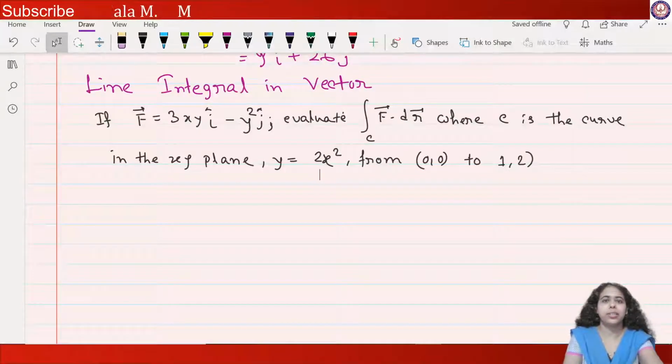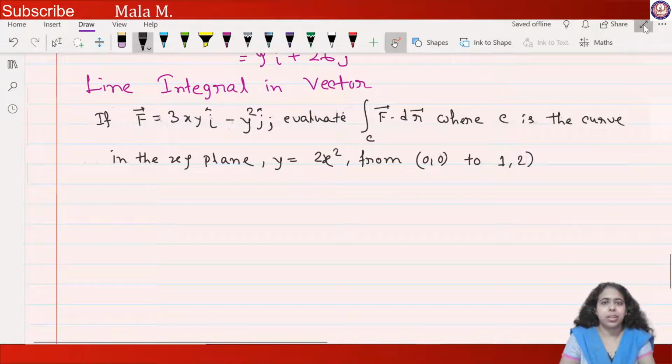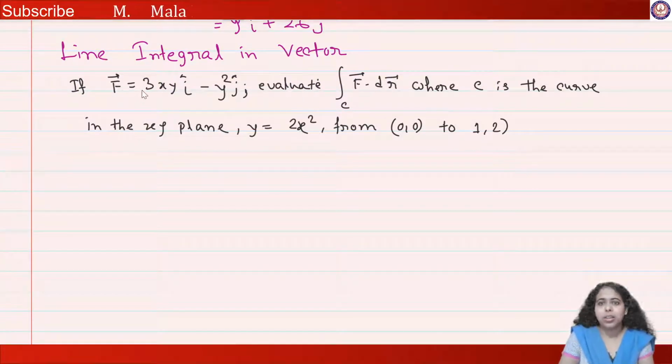Hello dear learners, today I will discuss another problem in line integration of vector. My selected problem is: there is a vector F, the force, equal to 3xy i cap minus y square z cap.